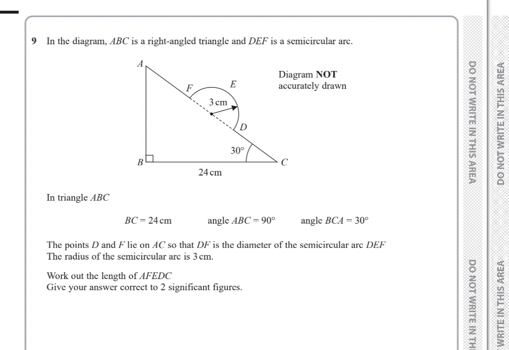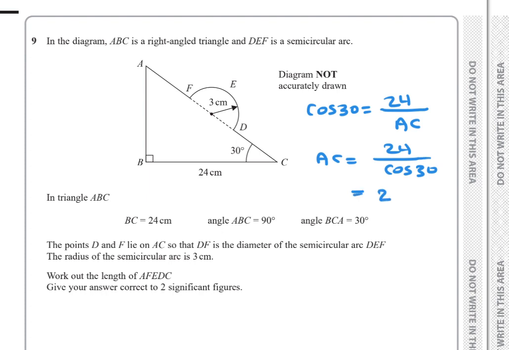So cosine of 30 equals 24 over AC. So AC equals 24 over cosine 30 equals 27.7 centimeter to 3 significant figure.